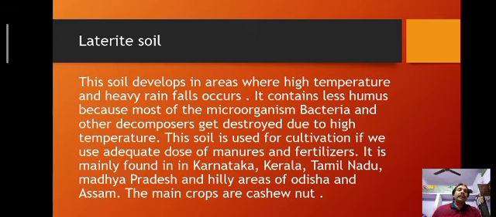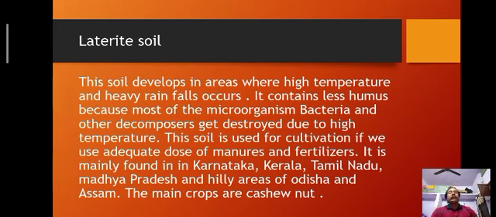As a result, it contains less humus because most of the microorganisms such as bacteria and other decomposers get destroyed either due to high temperature or excessive rains. This soil is used for cultivation if we use an adequate dose of manures and fertilizers.